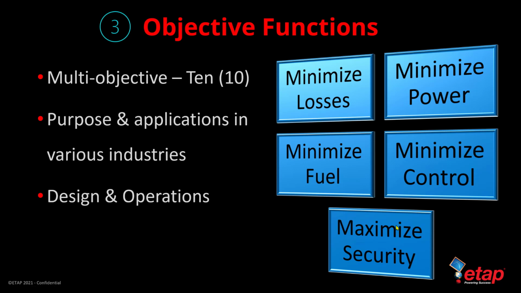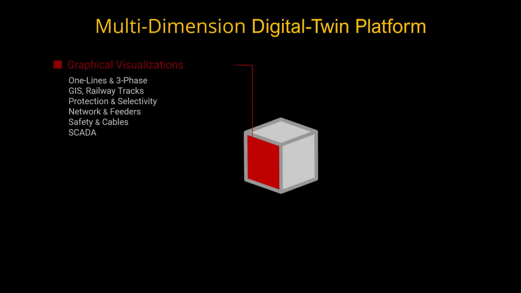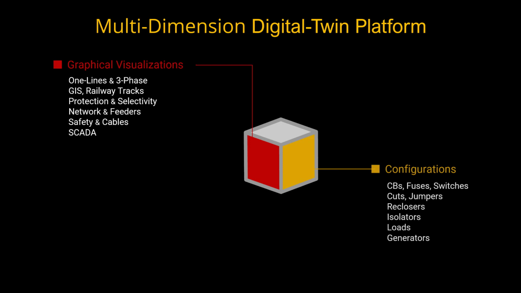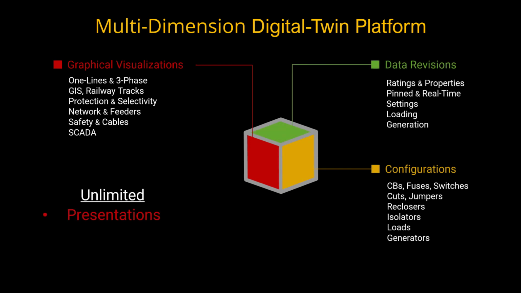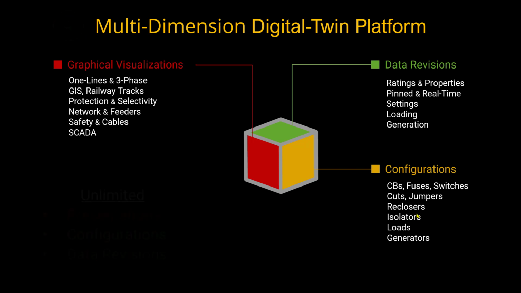Our fourth step is to create scenarios. So we can leverage the multi-dimensional digital twin platform that ETAP already provides. You can create unlimited graphical visualizations such as unlimited one-line diagrams, use data revisioning where you can change the engineering data of your electrical system, and also use various configurations such as statuses of breakers, reclosers, as well as generators and loads.